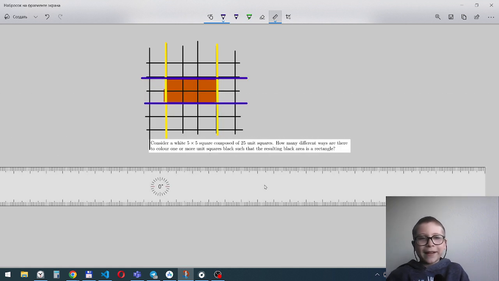So to solve the problem, we have to find out how many possible ways there are to choose such sets of lines.